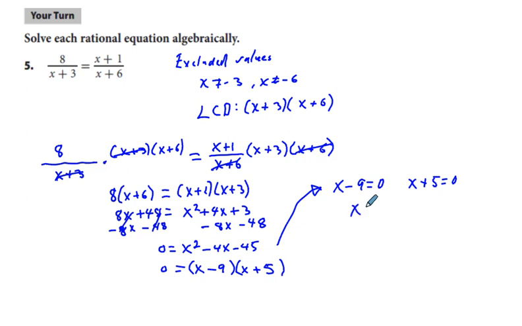So we have x is equal to 9, and x is equal to negative 5. And neither of these is an excluded value from our original work. So, therefore, our answers are going to be x equals 9 and x equals negative 5.